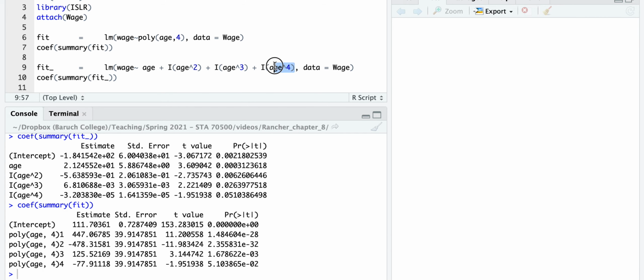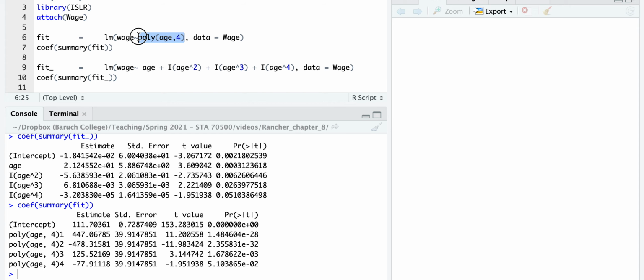Age to the power of 4 is huge. It's going to be a large number, much bigger than age. And that's why the estimated coefficient is proportionally smaller. So the scale of age to the power of 4 is significantly bigger than the scale of age, and therefore the estimated coefficient is much smaller.